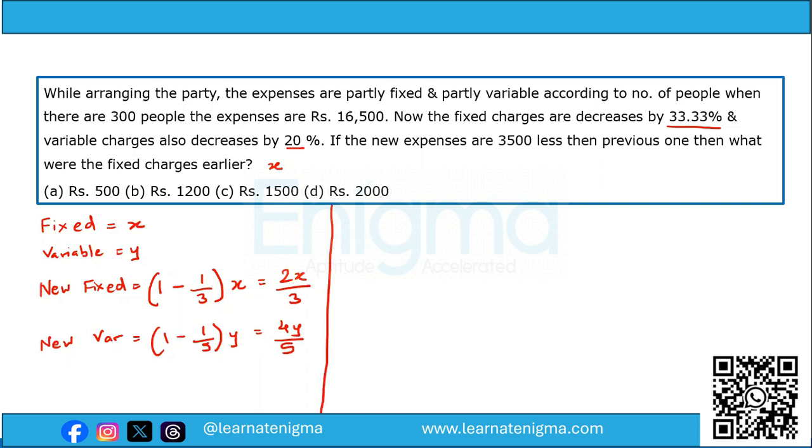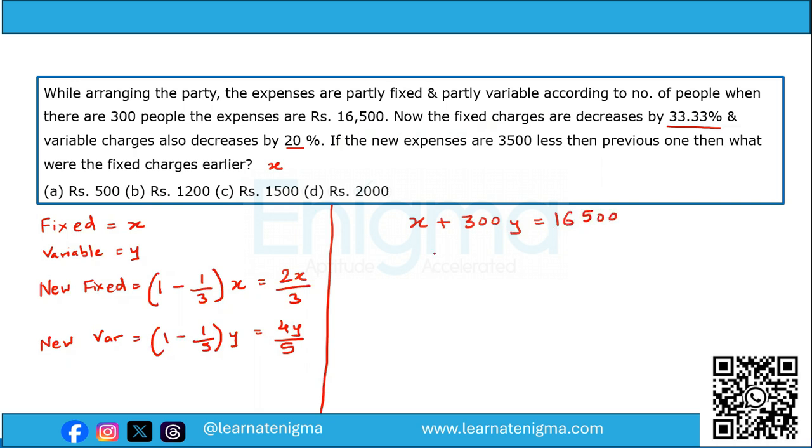Now let's form the equation. Now there were a total of 300 people. So the first equation becomes x plus 300y is equal to 16,500.